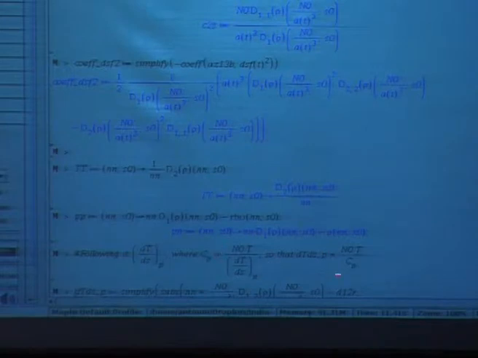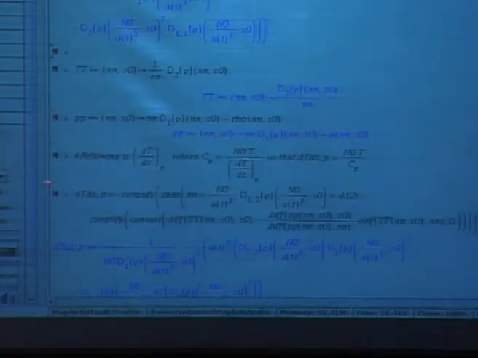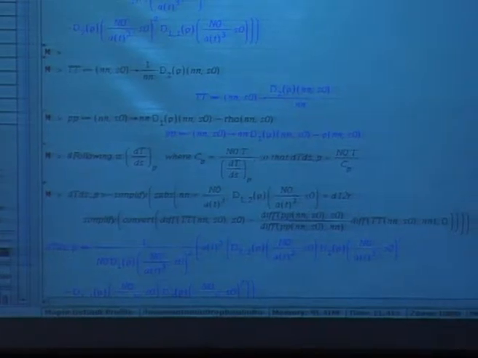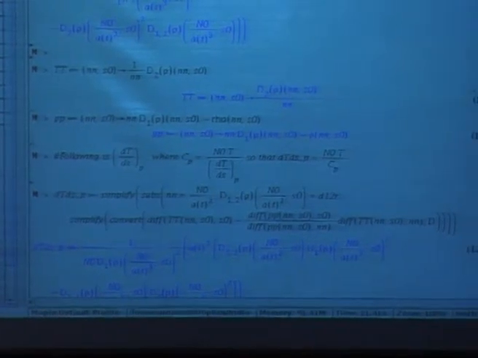Okay, so then I need to find this one. And you see, I defined dT/dS at constant P. This one here, dT/dS at constant P, I said it to be equal to dT over dS at constant n, which is this one, right?